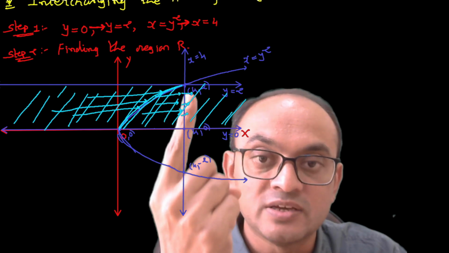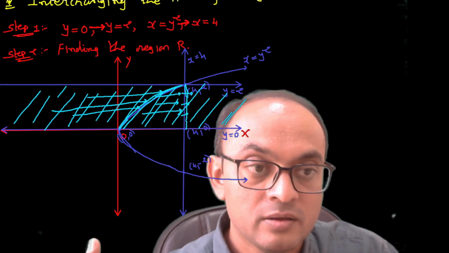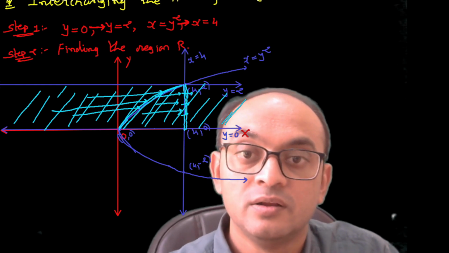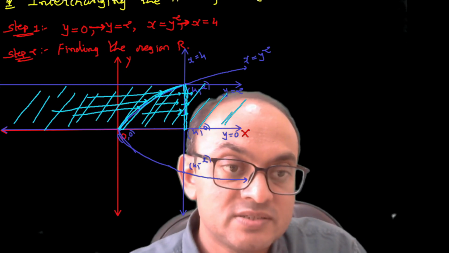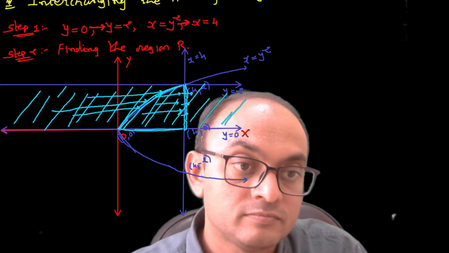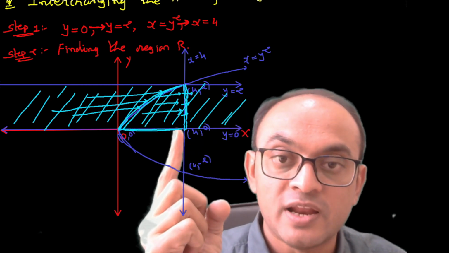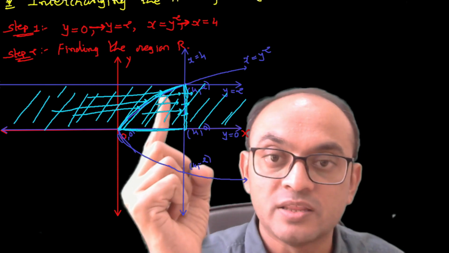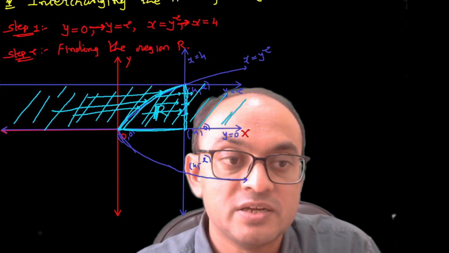This is the end of the region, in this infinite strip. So this horizontal line y equal to 0, vertical line x equal to 4, and this curve x equal to y square, this is my region R.